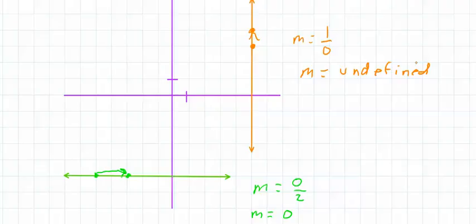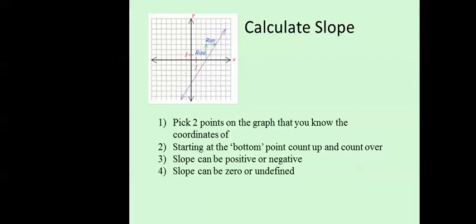All right, let's go back to our PowerPoint, and we have a simple equation for slope. Since slope is rise over the run, the y coordinates give us the rise, the x coordinates give us the run.